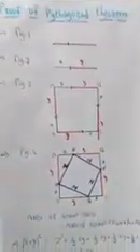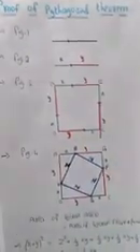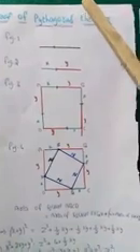Okay, now coming to the proof of Pythagoras theorem by the algebraic method. See here, I have drawn different figures. In the first step, draw one line segment with any measure. After drawing that line segment, divide it into two parts.